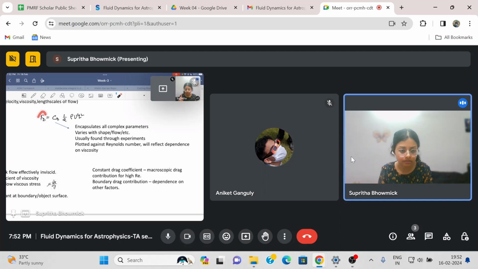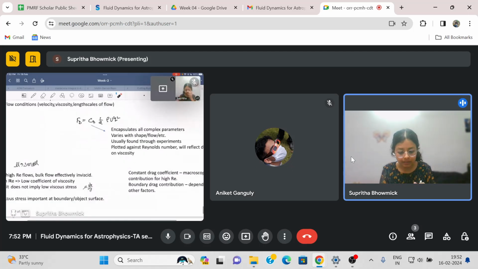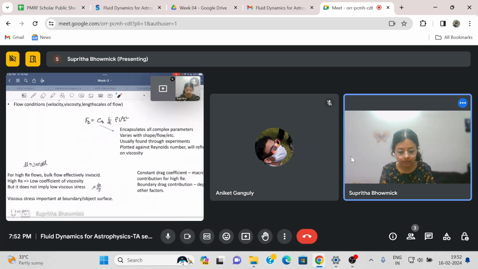One way to do it is this, so FD is proportional to this thing. I'll call the constant of proportionality CD. Now CD may or may not have dependence on viscosity and other factors. But the point is, for high Reynolds flows, the bulk contribution of CD will be independent of viscosity. That is what the lecturer also claimed.